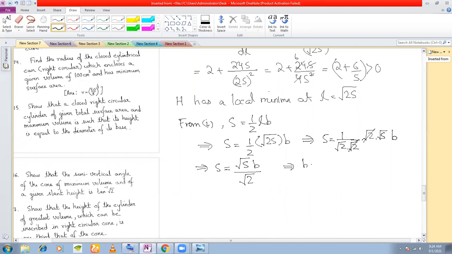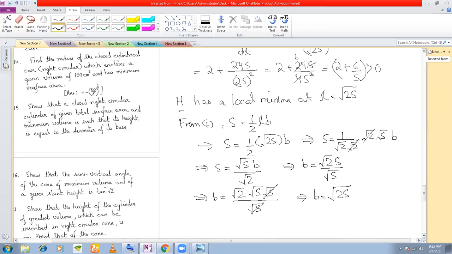That means you get B is equal to root 2 S by root S. That means B is equal to root 2S. You can write as root S into root S divided by root S. That means this and this cancels. So you're getting B is equal to root 2S.